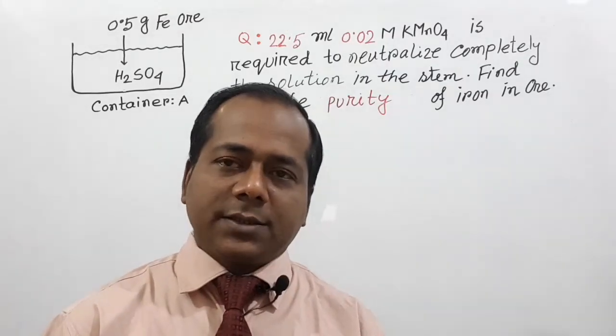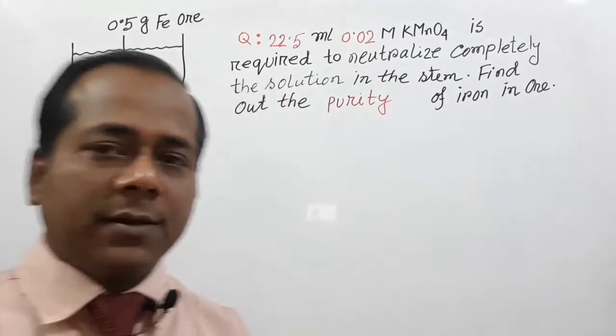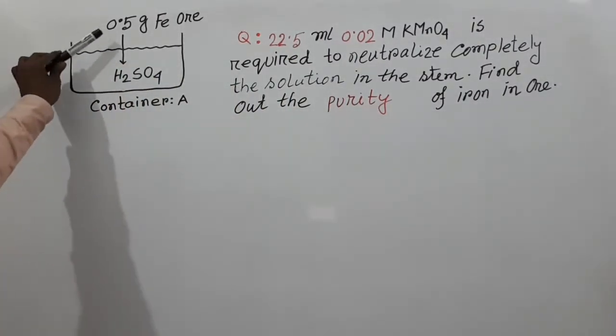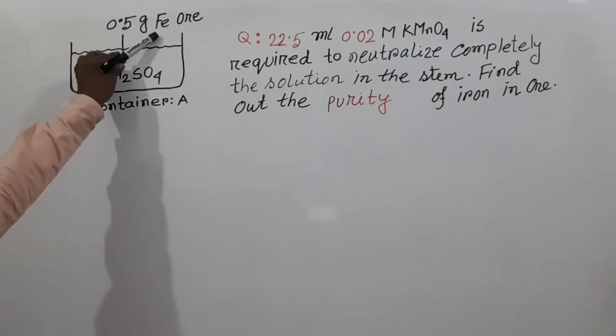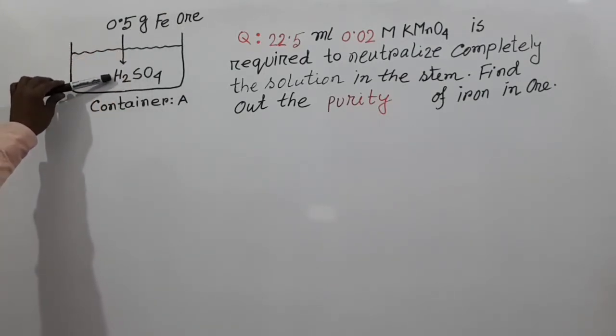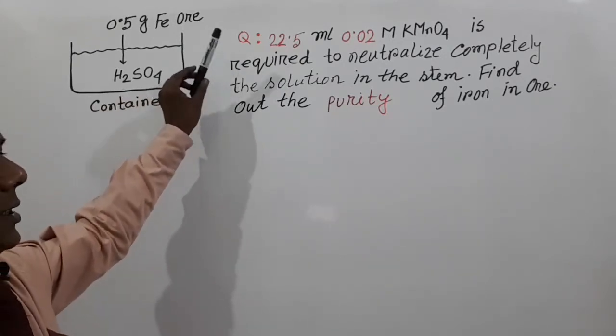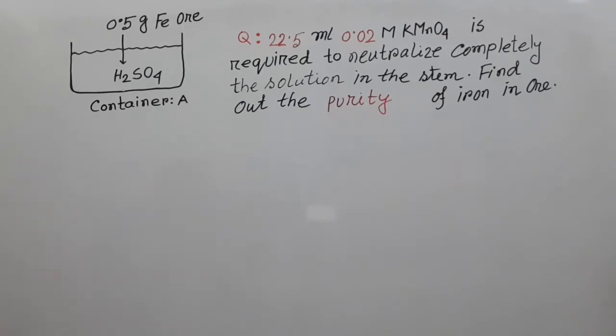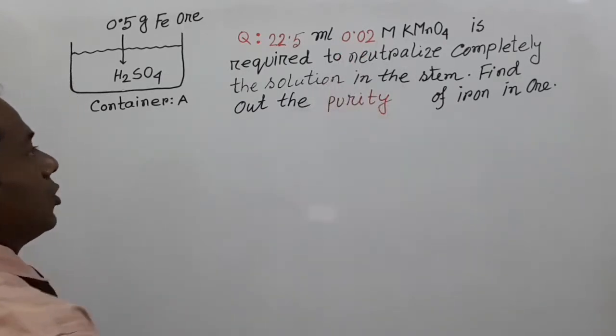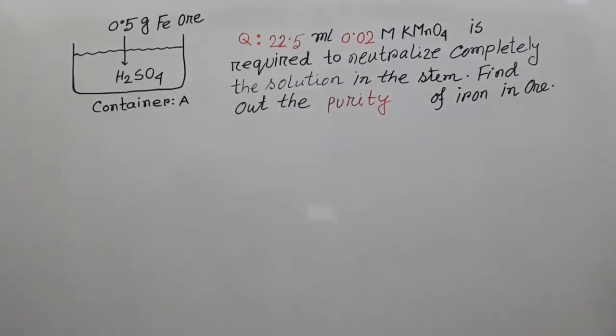My dear students, here is our first problem. 0.5 gram iron ore is dissolved in sulfuric acid in container A, and 22.5 ml of 0.02 molar potassium permanganate is required to neutralize completely the solution. Now find out the purity of iron in the ore.